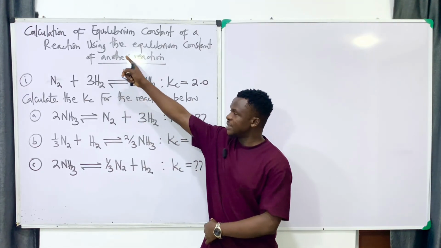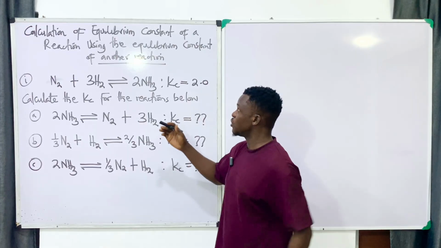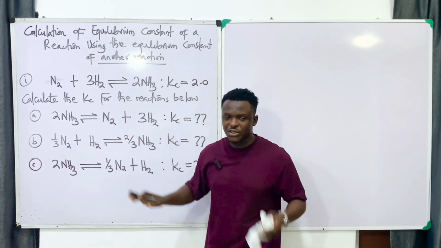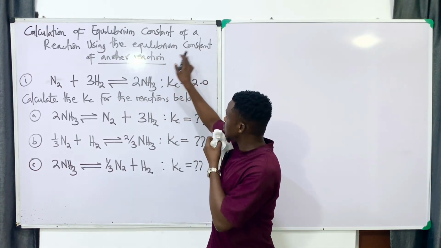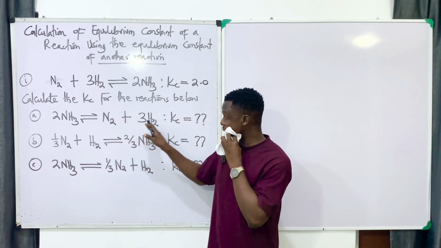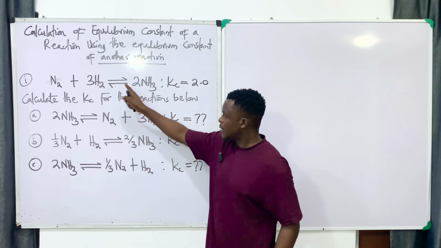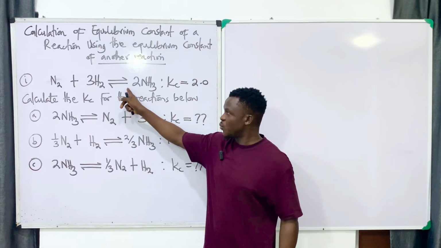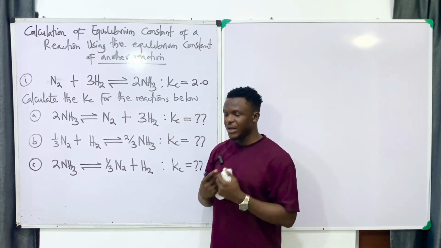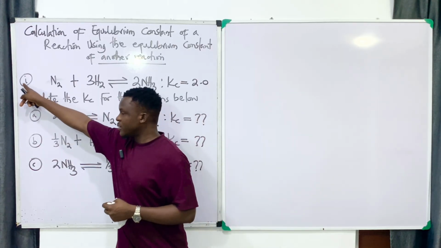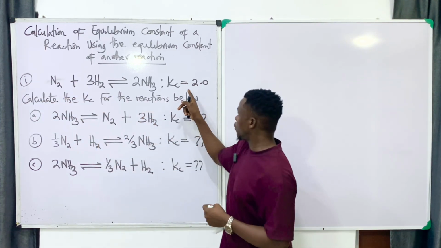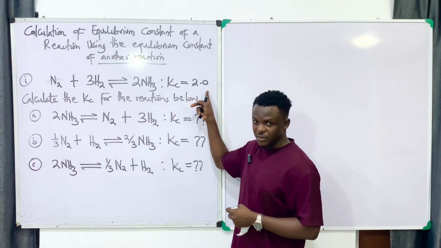Remember, the subheading says calculation of the equilibrium constant of a reaction using the equilibrium constant of another reaction. So in this illustration, they gave us this reaction, which I'll call the original reaction or equation 1. And they gave the equilibrium constant of this to be 2.0.